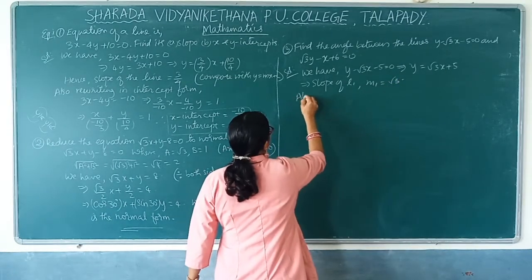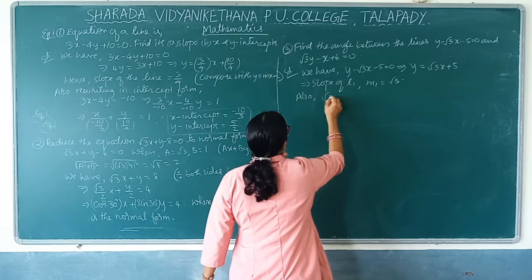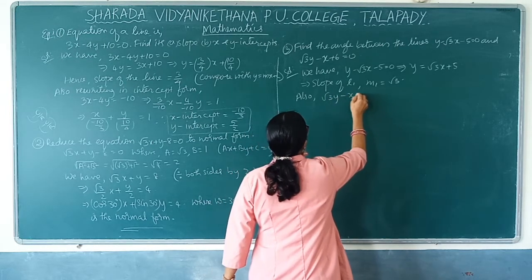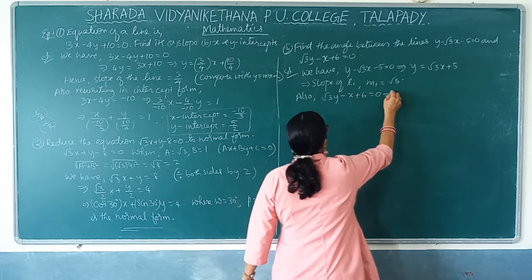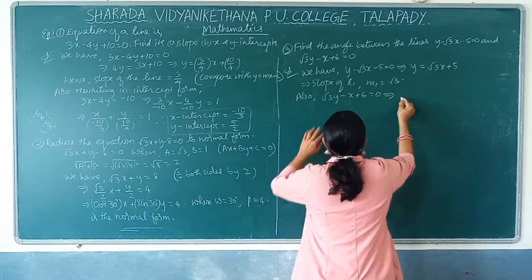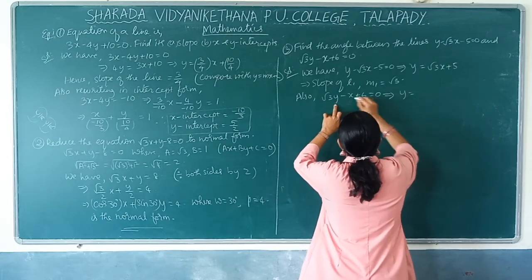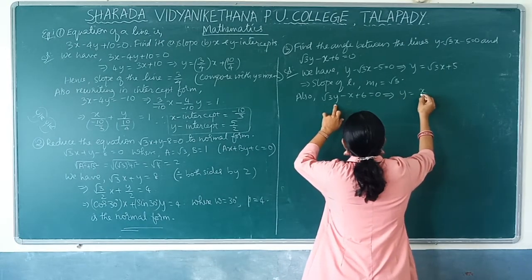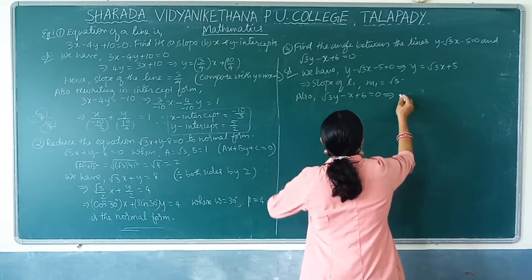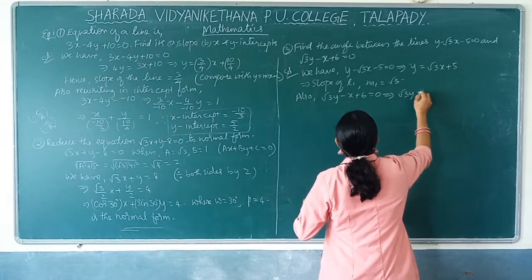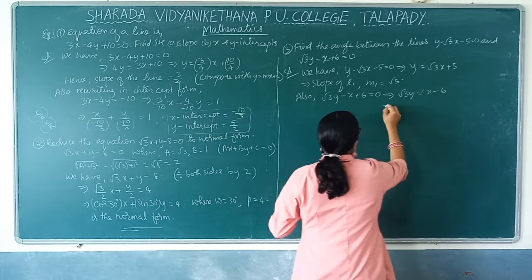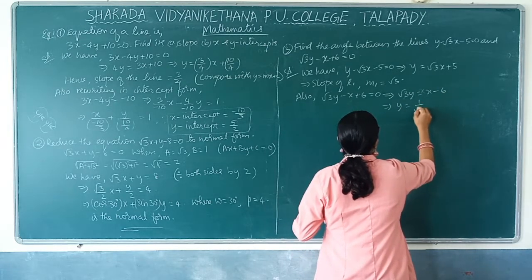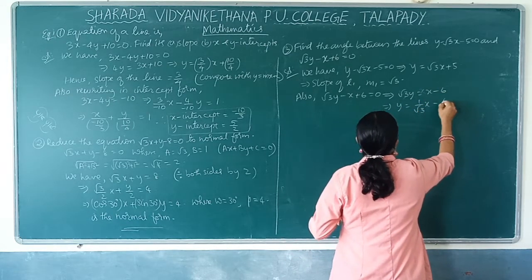Then the second one you convert to slope intercept form, root 3y minus x plus 6 is equal to 0 implies, take y separate. Root 3y is equal to x minus 6. So y is equal to 1 by root 3x minus 6 by root 3.